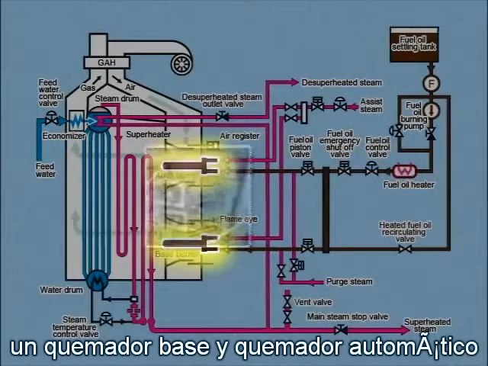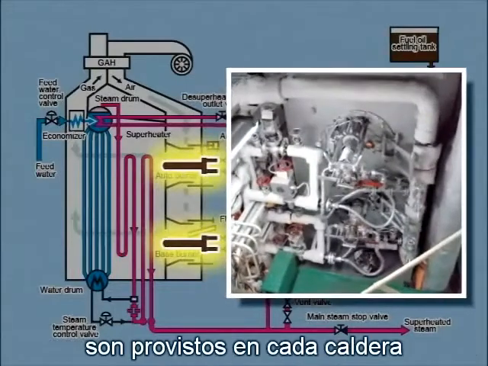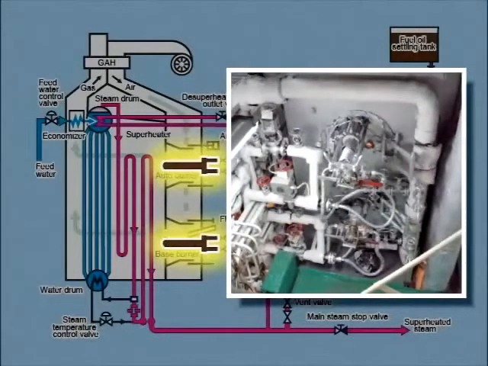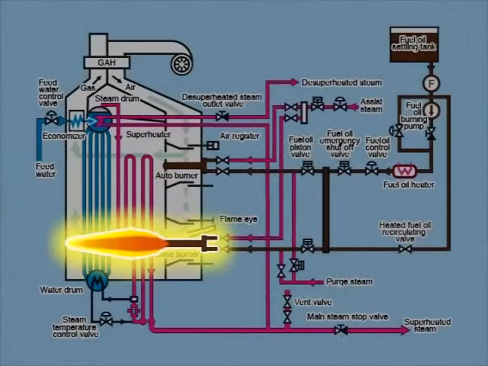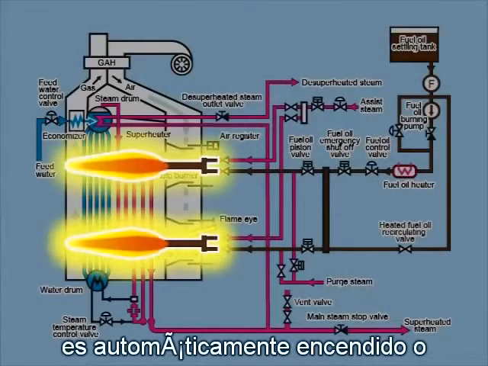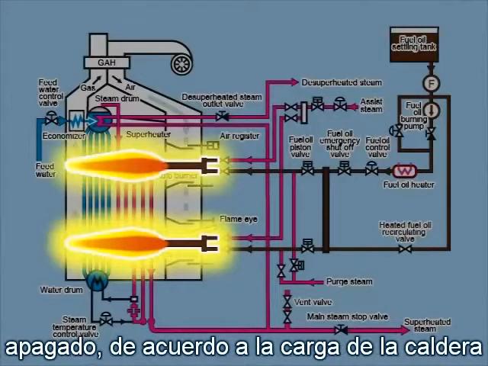Two burners, a base burner and auto burner, are provided for each boiler. The base burner continually burns fuel oil, while the auto burner is automatically ignited or extinguished according to boiler load.